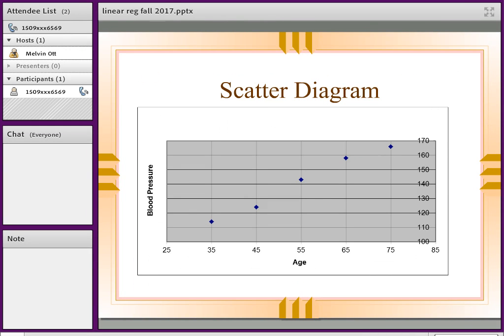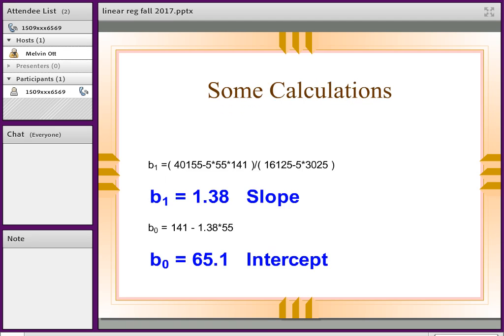Okay, there's another picture of it with my scatter diagram. I just left these in there as copies and pastes from Excel, so if you want to go back and use Excel to play around with this, you can. Anyway, plugging back into my formulas, for B1, using the sums that I calculated in the spreadsheet and plugging all those numbers in, I get 1.38 for my slope.